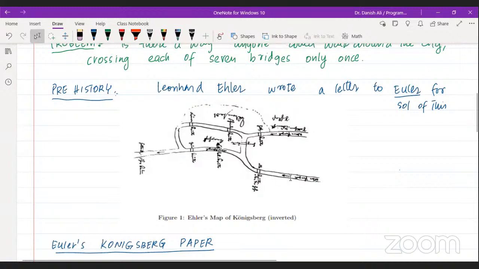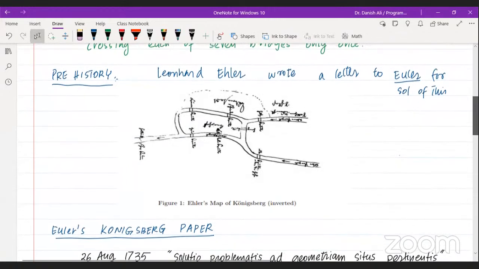He also tells the direction of the flow of the river. Now, when Euler got this problem, he solved it not only for this Königsberg bridge problem, but for the general case as well.